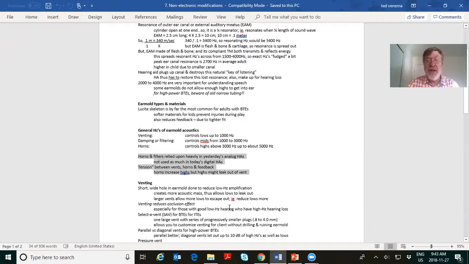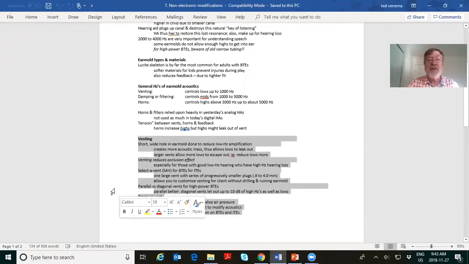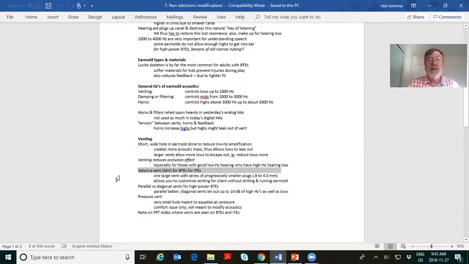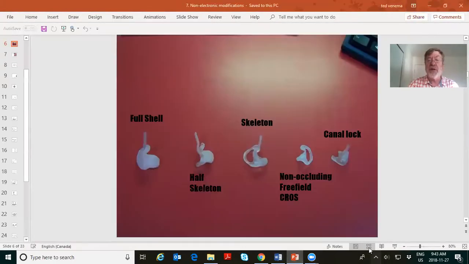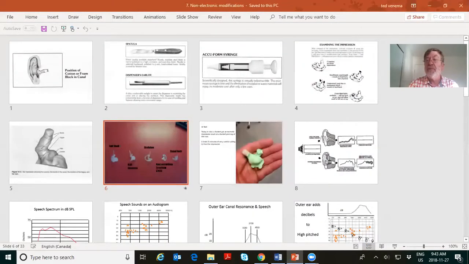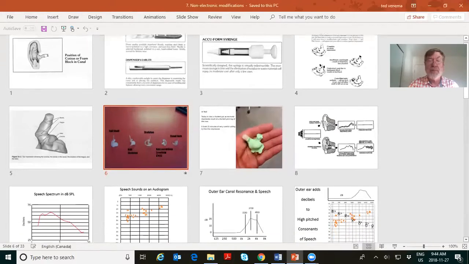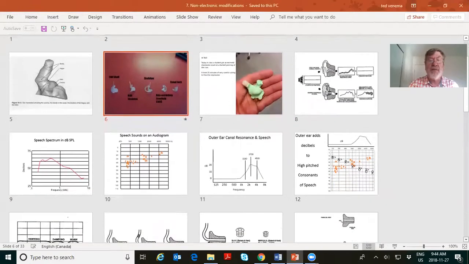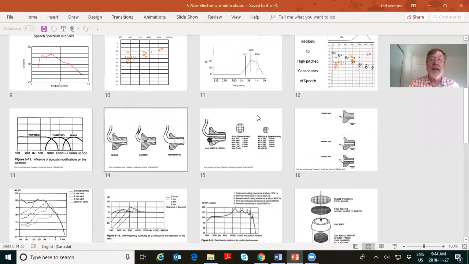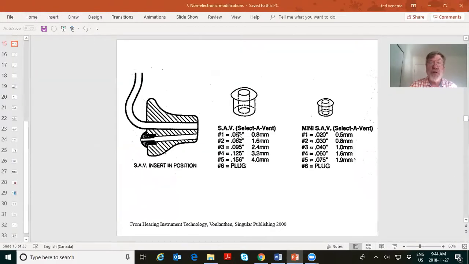Okay, venting. Remember Select Vent, SAV, okay? That allows you to choose the size of the vent. So let's look at a picture of SAV. Select Vent. That would be shown in this particular slide here.